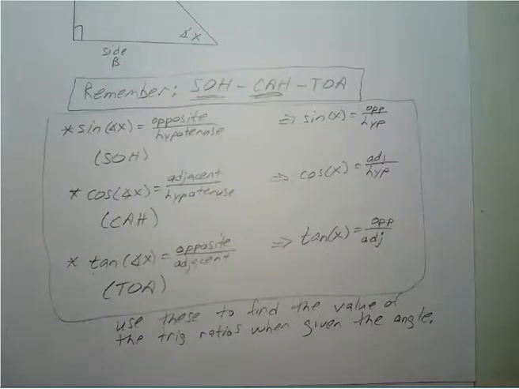I cannot tell you how many times I have seen students become so frustrated because they could not get the right answer just to find out their calculator was set incorrectly. Okay, so make sure you do that. Very, very important. All right, so if you are still writing this, of course, feel free to press pause and finish up. We're going to go ahead and start on a few examples.